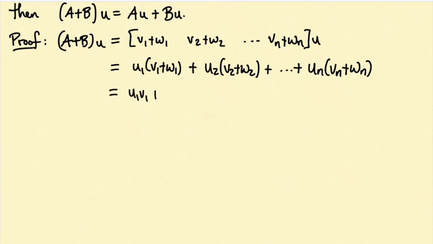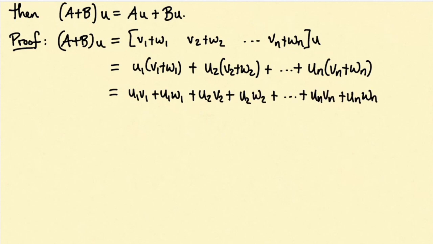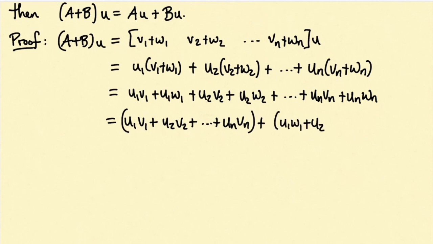We remember that scaling for vectors is in fact distributive. So we can distribute, and then because addition for vectors is commutative, we can rearrange to group all of the ui, vi terms and group all of the ui, wi terms.